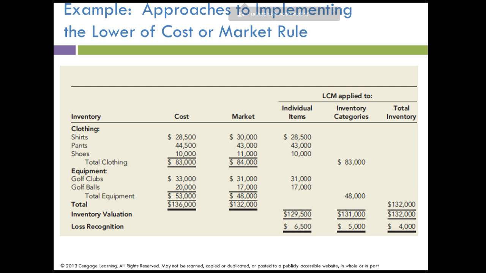Then, based on our total inventory costs, lower of cost or market, you can see here we're only going to need to write off $4,000. So basically what the approach is saying here is by combining and taking all the inventory, it may result in a lower overall loss.